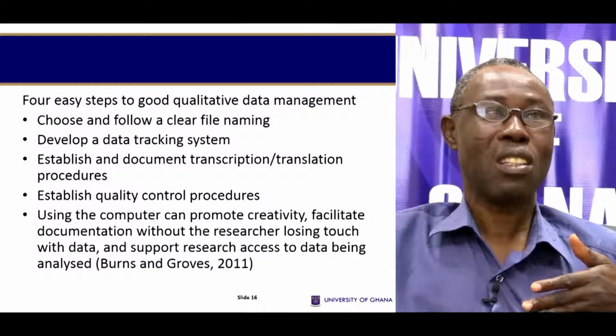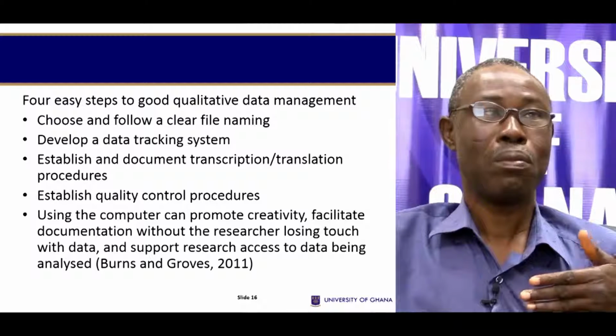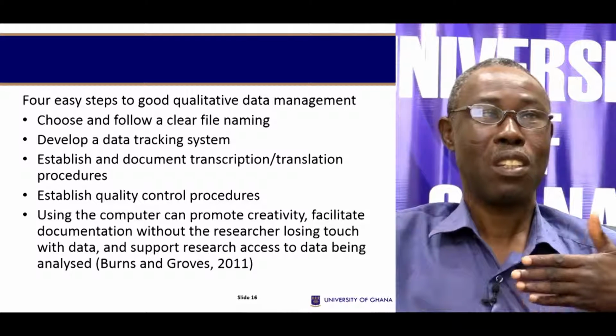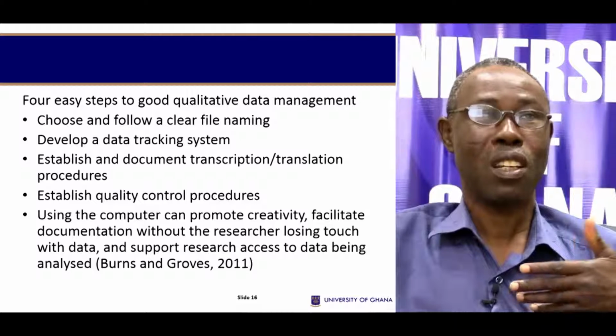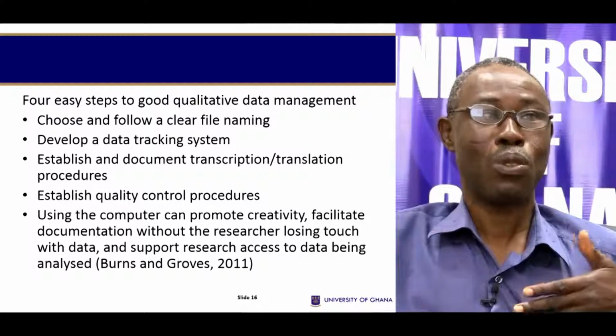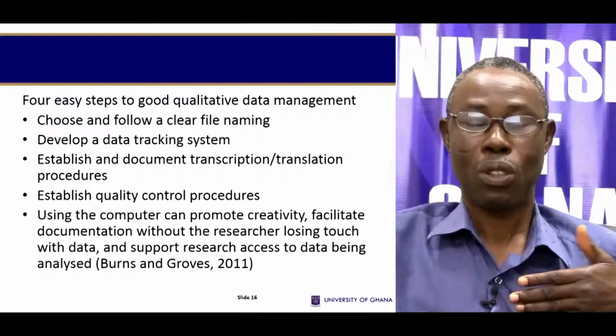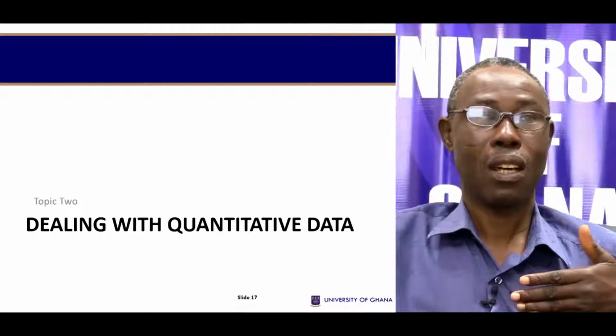Then after that, you have to develop a data tracking system. Then you establish document transcription and translation. Then establish quality control procedures, and use a computer as much as possible to analyze the data.